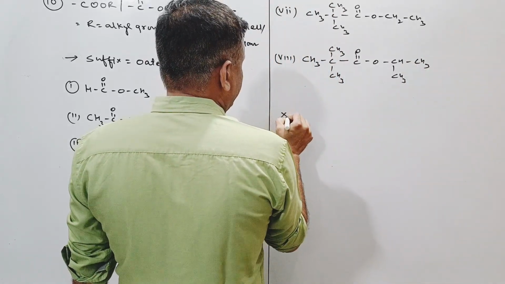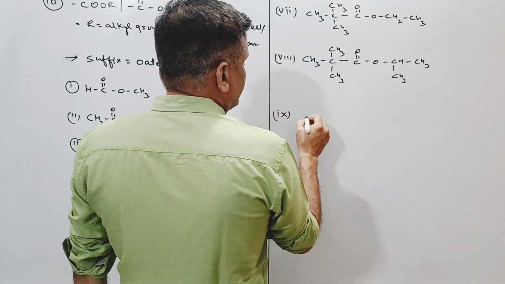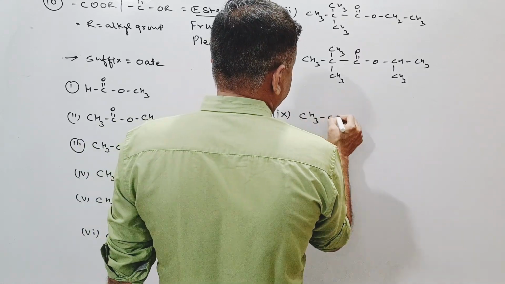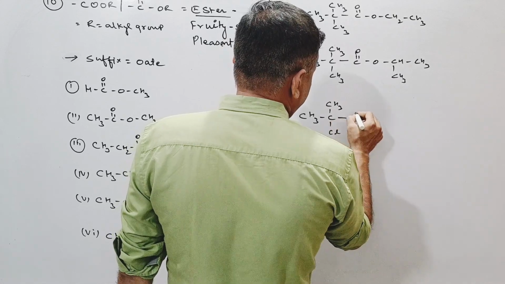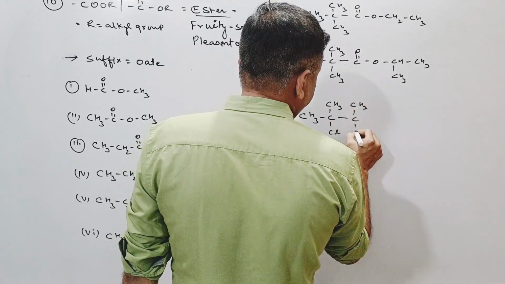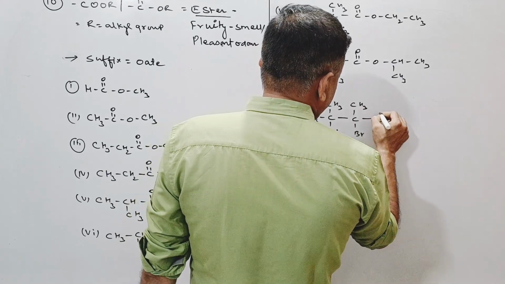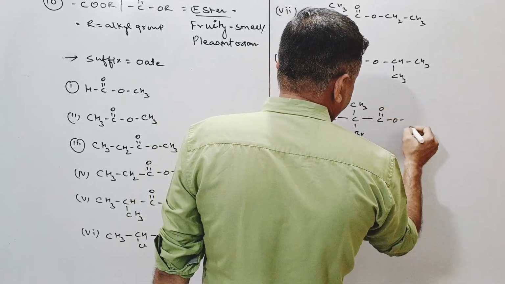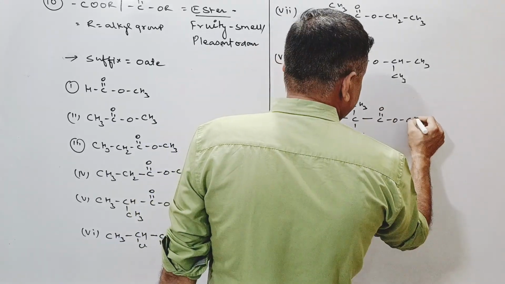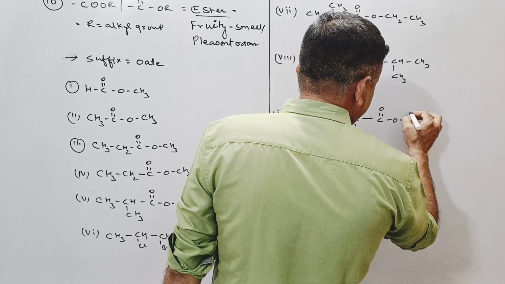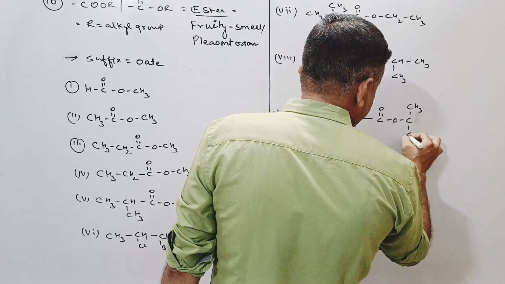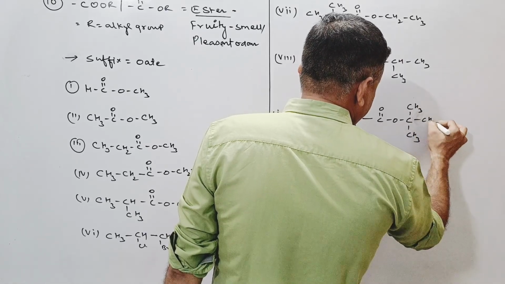If this is as follows, this is your CH3, CH3, this is the Cl, this is the CH3, Br, this is the COO, and this is your CH. You can take just CH3 and CH3.